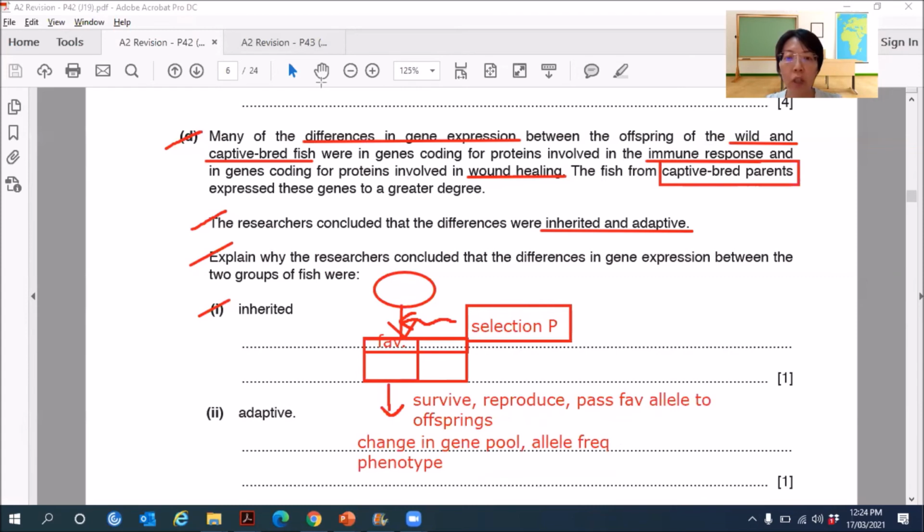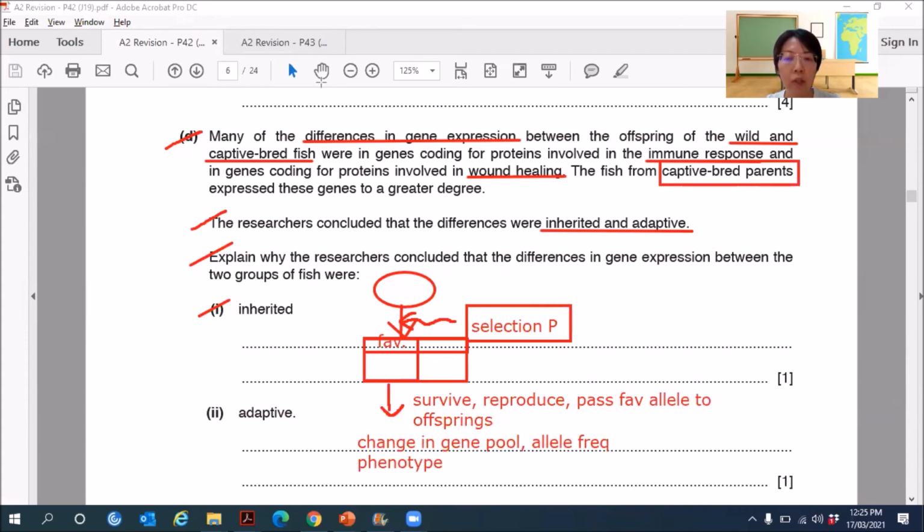This selection pressure will favor the selection of better wound healing and disease-resistant phenotype, and therefore genotype, and therefore allele to survive and reproduce. So that's the first marking point.